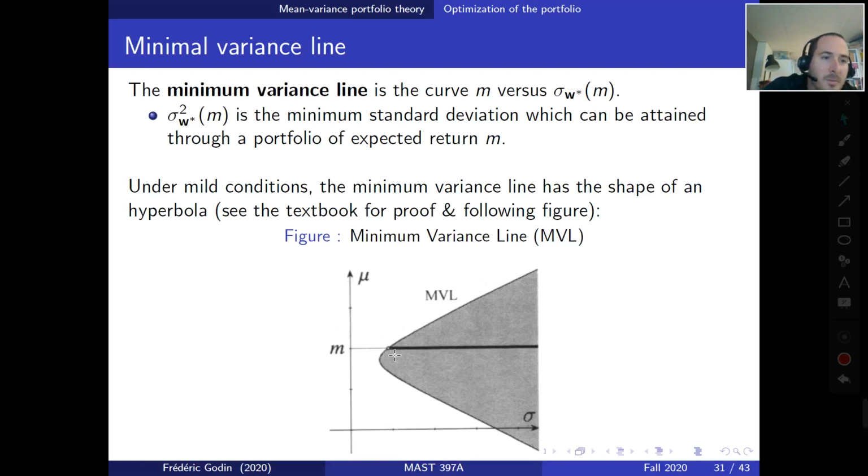And for all other portfolios which have this expected return, their standard deviation falls somewhere within the gray region. The gray region represents all suboptimal portfolios whose variance is larger than that of the optimal portfolios, and this curve represents the standard deviation of all optimal portfolios for the various values of M, which is the various values of expected return.